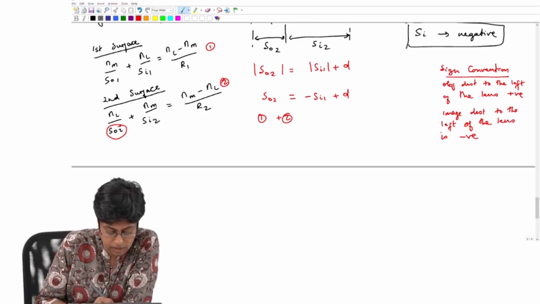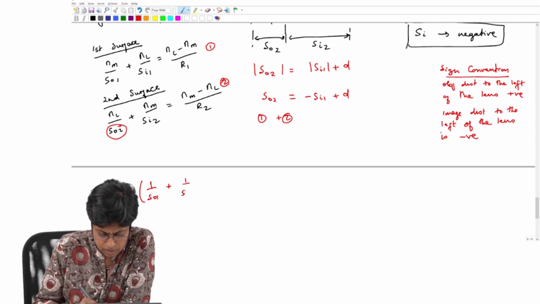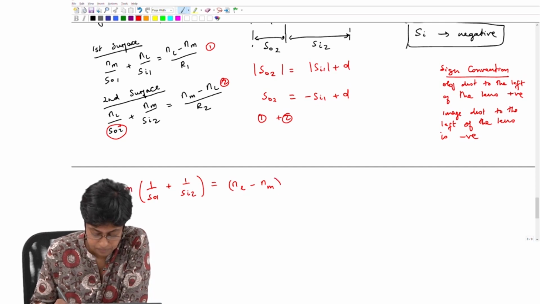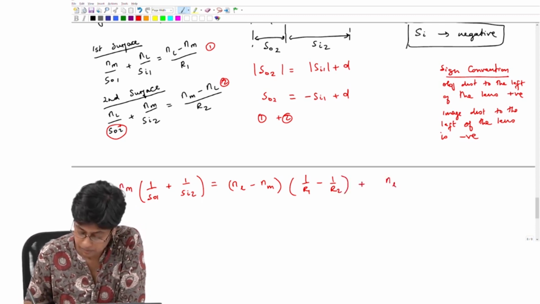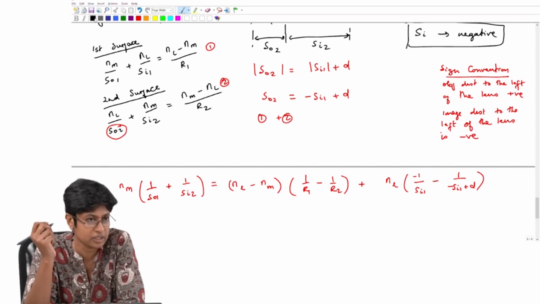Let's take all the Nm terms: 1 over S naught 1 plus 1 over Si2 equal to, and on this side I have NL minus Nm one term plus I have an NL times 1 over Si1 minus 1 over minus Si1 plus D. All I've done is add up these two, the equations for each of the interfaces.